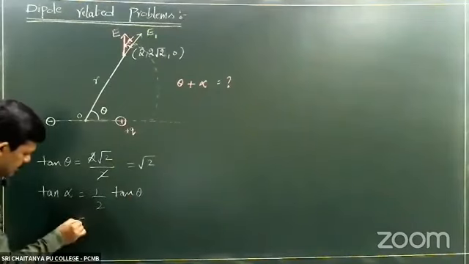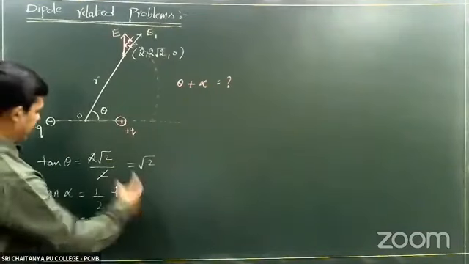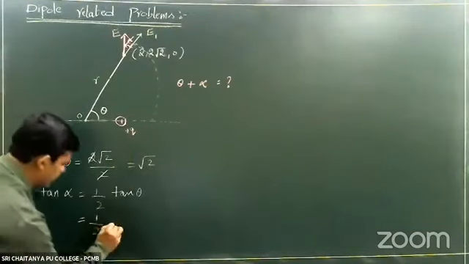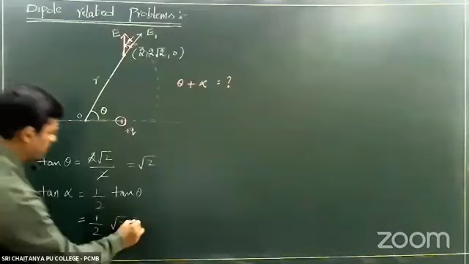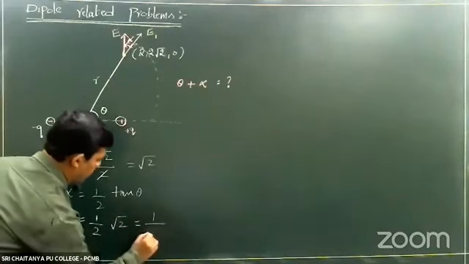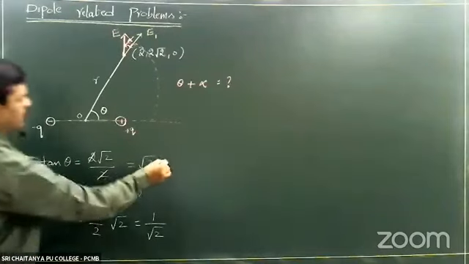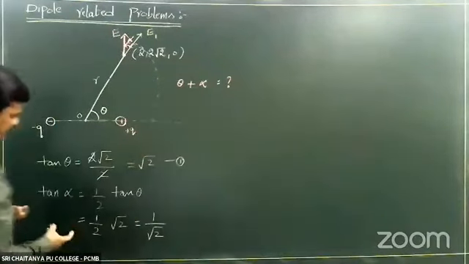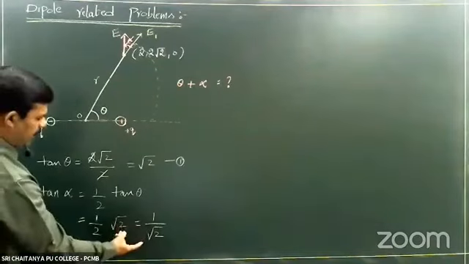From this, half tan theta, root 2, right? What we get is 1 by root 2. So we got tan alpha is equal to 1 by root 2.